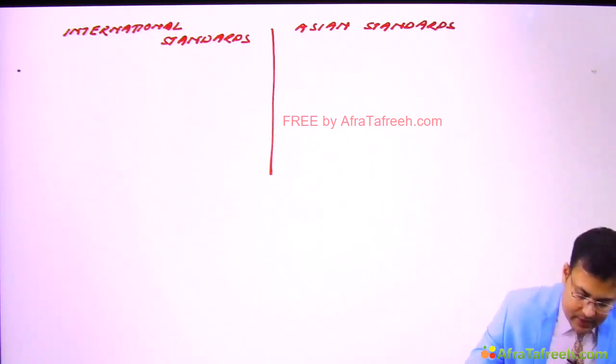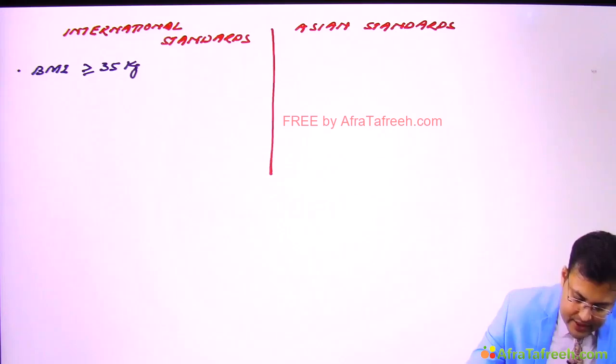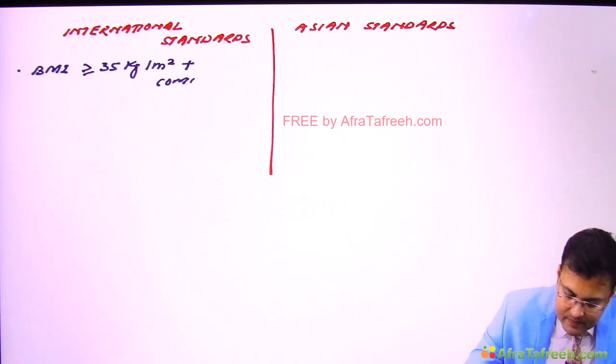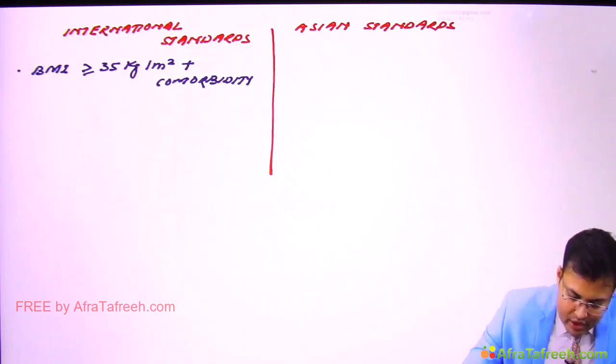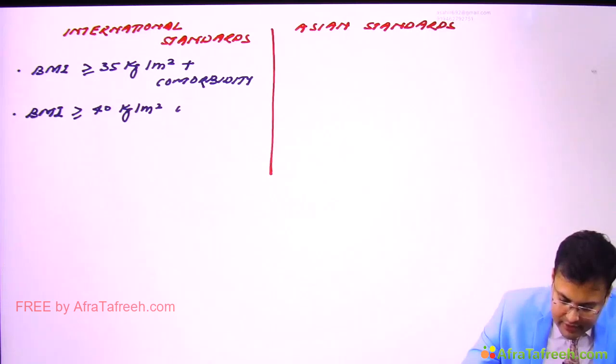See here, BMI, body mass index, more than or equal to 35 kg per meter square plus comorbidities, clear, or BMI more than or equal to 40 kg per meter square with or without comorbidity.